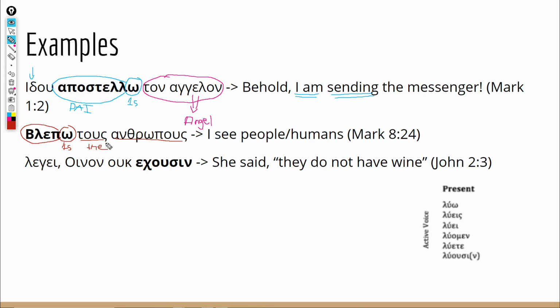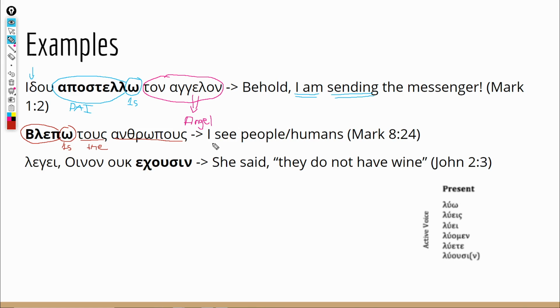Notice again, this word blepo does not speak to necessarily when you see people or humans, because Greek words are not that concerned with time. They're concerned with whether the action is ongoing or complete.